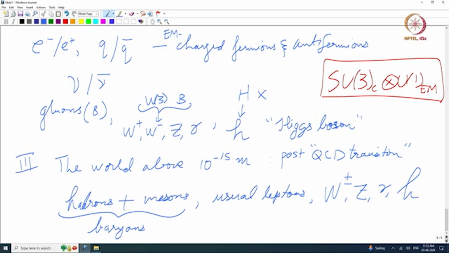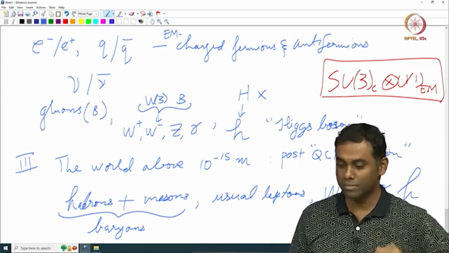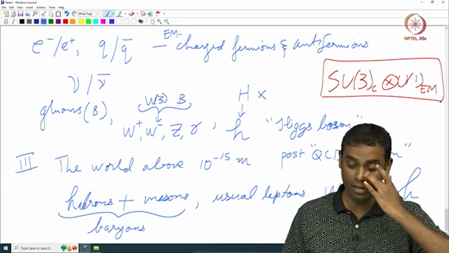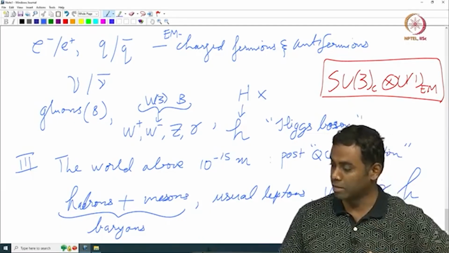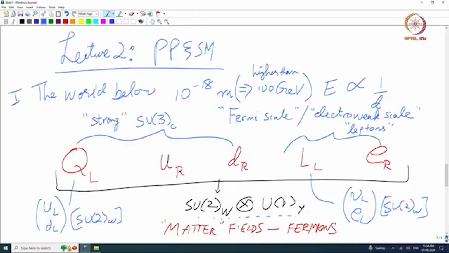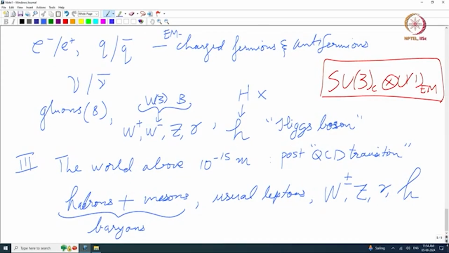This intermediate one is the story of the past century, at least the beginning of the story of the past century, where we discovered all these various species of particles, and then finally the triumph was really understanding what was going on at this scale, below 10 power minus 18 meters, thanks in large part to Glashow, Weinberg and Salam, who put together the Standard Model and really the electroweak theory.